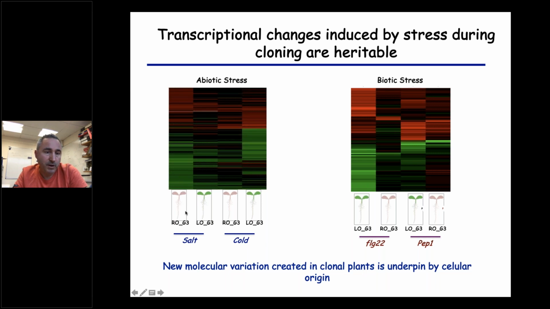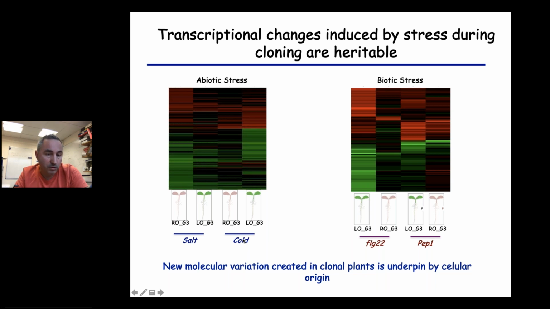What we see is that the plants that were exposed to stress have acquired a lot of transcriptional changes in leaves later on when they came from roots, okay? But not major changes when the plants came from leaves.